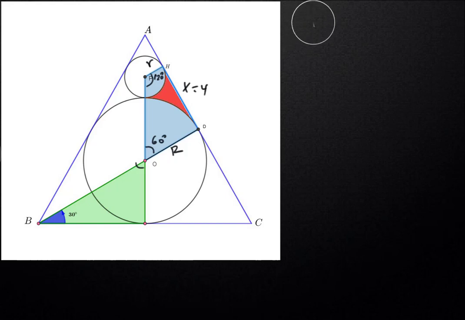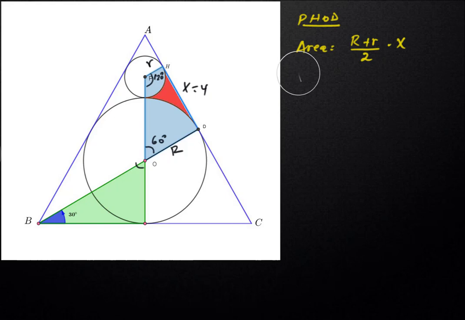First, for the trapezoid, we can say the area of the trapezoid is equal to big R, the big radius, plus small radius, over 2, times the height, which would be x.